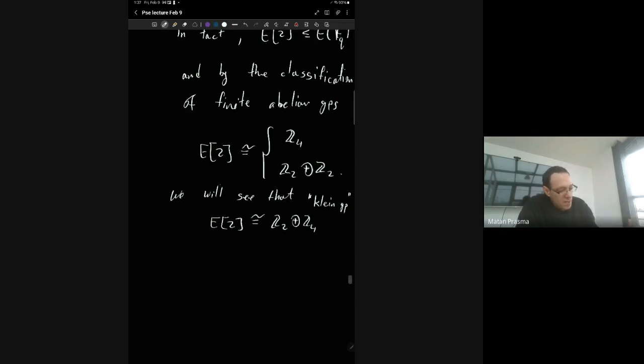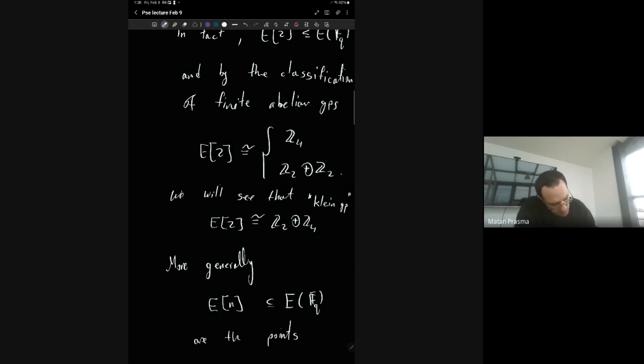But more generally, we will want to consider the points of order n in F_q bar, sorry, in E of F_q bar. Points of order n.